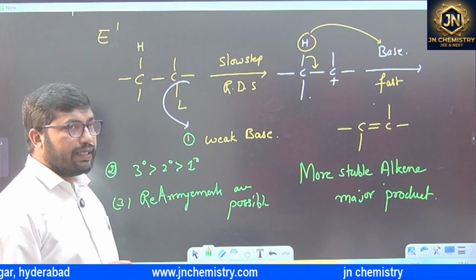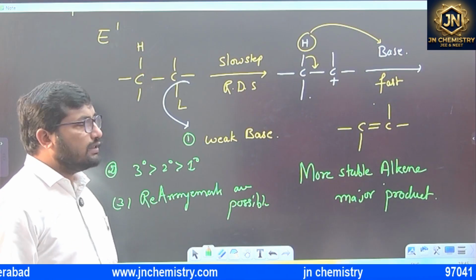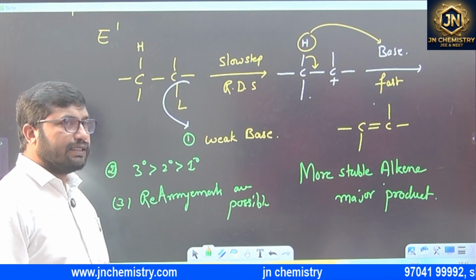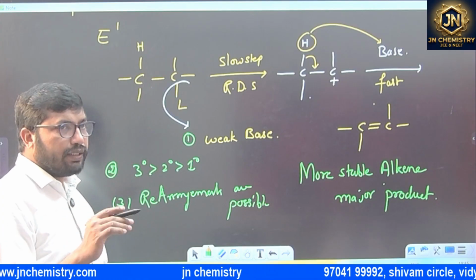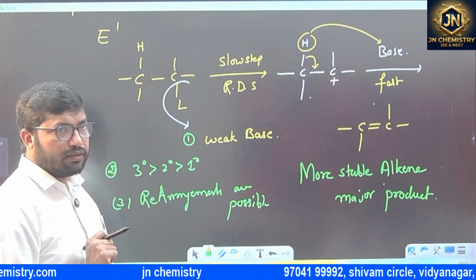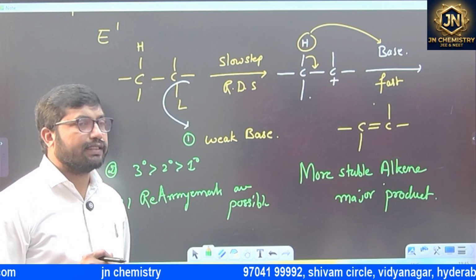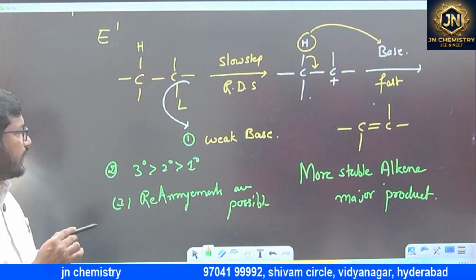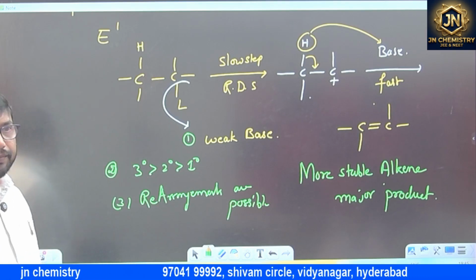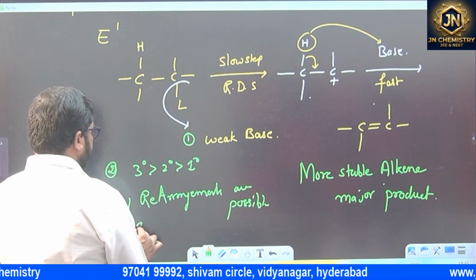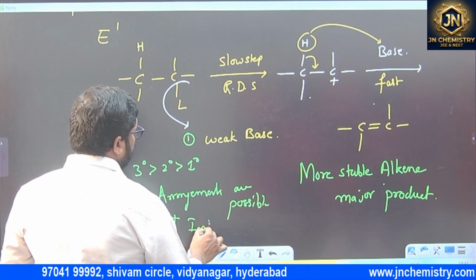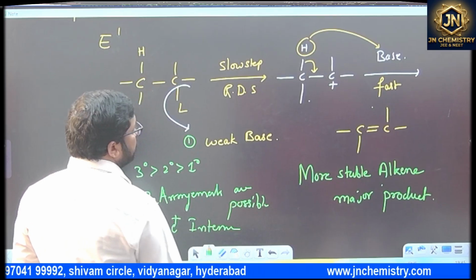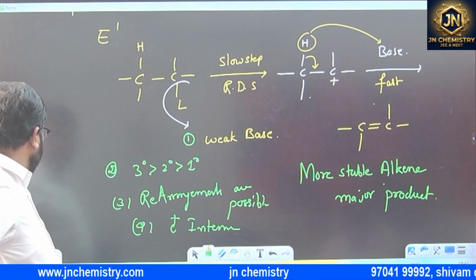If a ring carbocation is coming, ring expansion takes place only in specific cases. With a carbocation outside the ring, that would be either 5-membered or 4-membered. In the case of 6-membered, no ring expansion. So write one more point: whenever there is a carbocation intermediate, rearrangements are possible, like I already explained earlier.